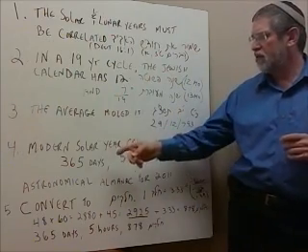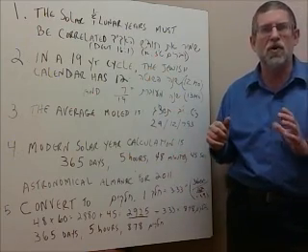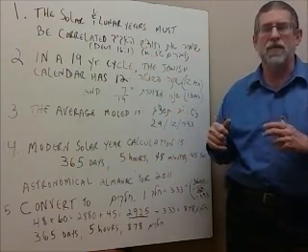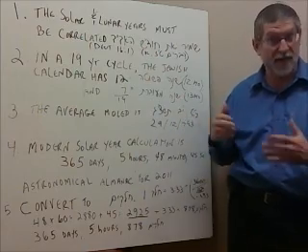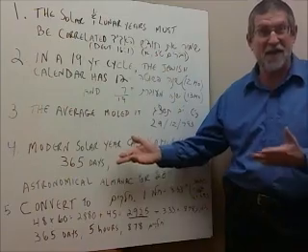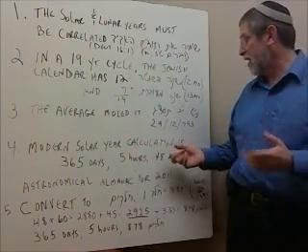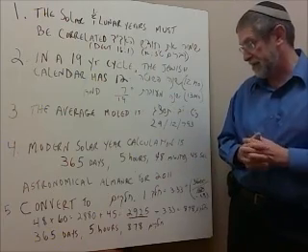Now, let's convert the 365 days, 5 hours, 48 minutes, and 45 seconds. Let's turn those into chalakim, which is the language of comparison. Well, we've got our 365 days, that's the same in both languages. We have our 5 hours, which is the same in both languages. But we have our 48 minutes and 45 seconds.